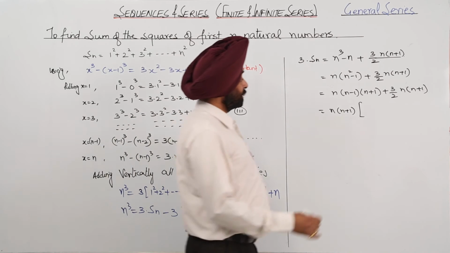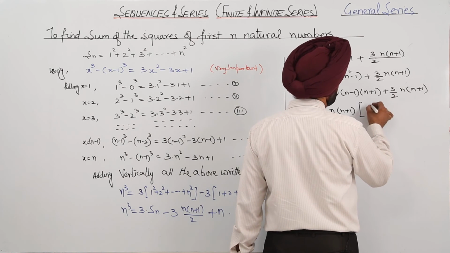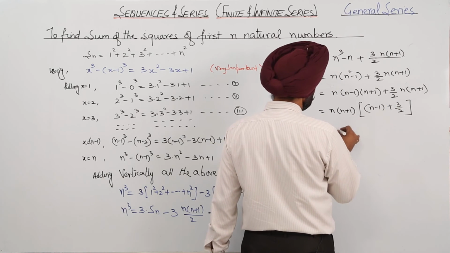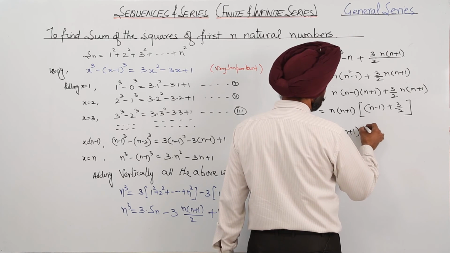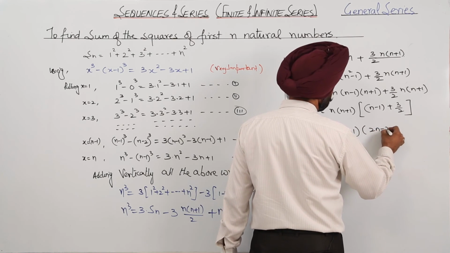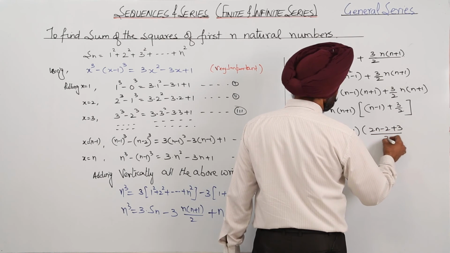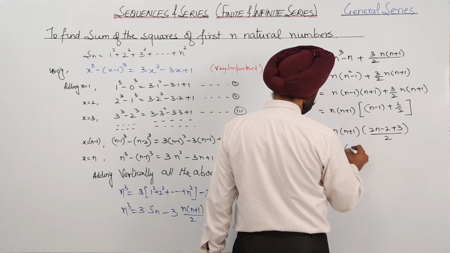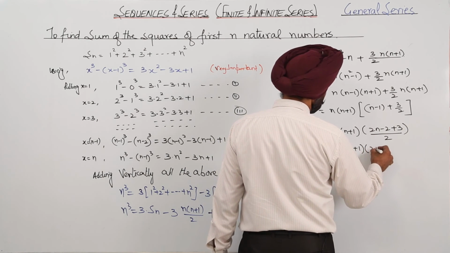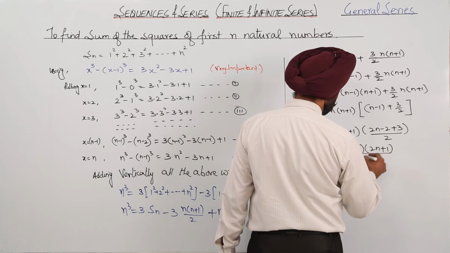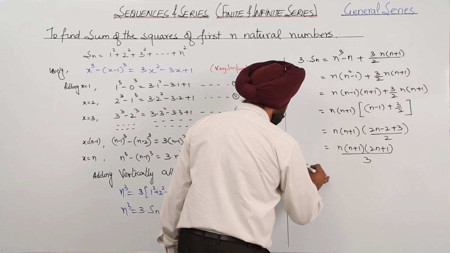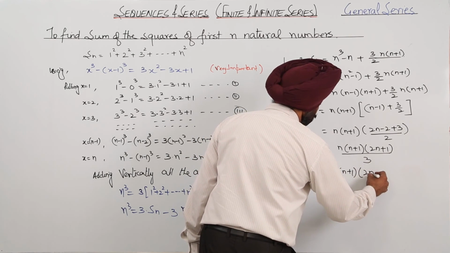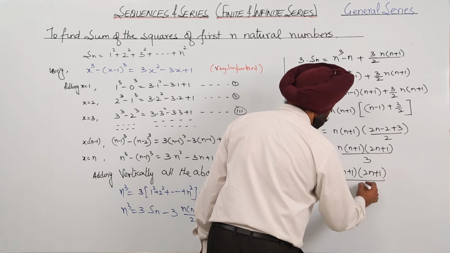We are left with n times n plus 1 times 2n minus 2 plus 3 divided by 2, so Sn equals n times n plus 1 times 2n plus 1 upon 6.